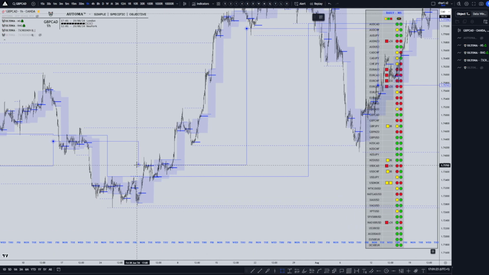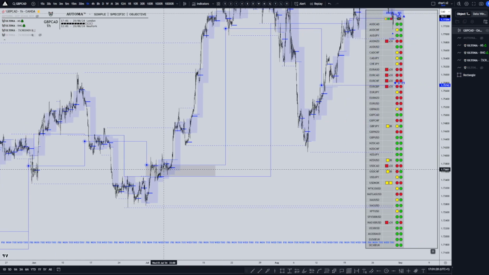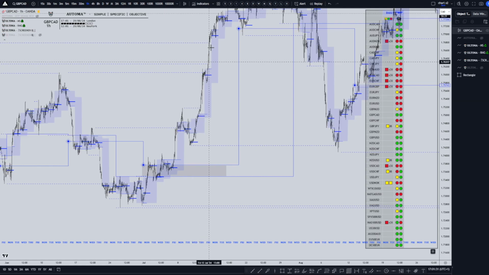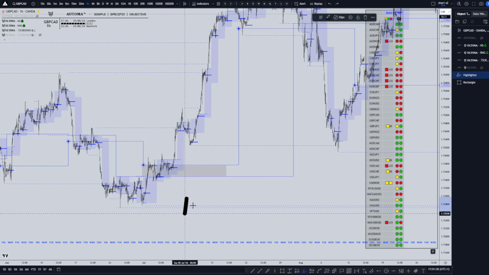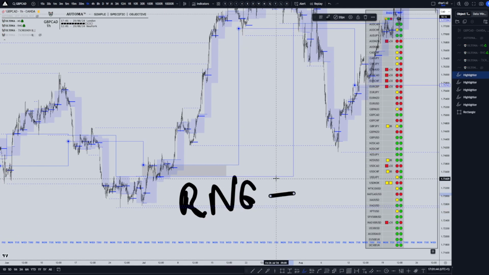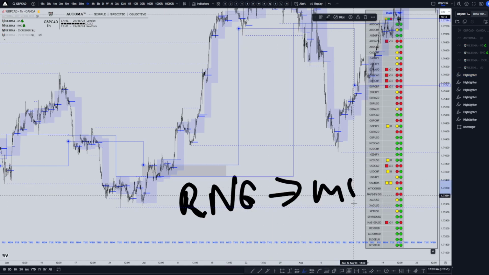From this point your bias is very bullish, and you're anticipating that the manipulation cycle, the daily ranges, will deliver market structure's intention to go higher and take liquidity. Range's job is to deliver market structure's intention.